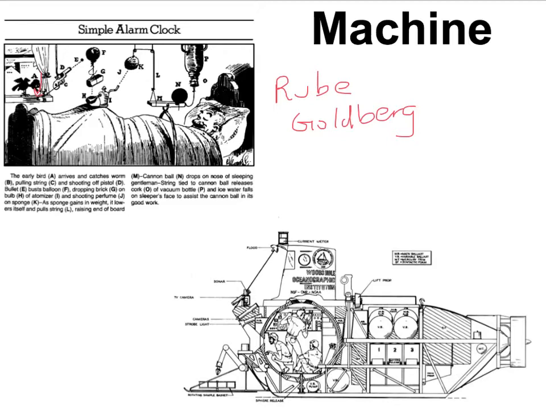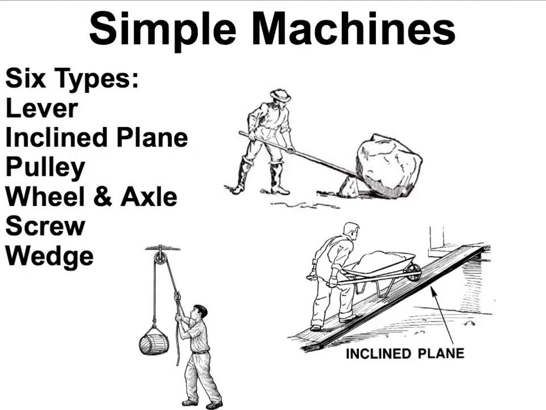Instead, we're going to be talking about simple machines. And there are 6 types. The 6 types of simple machines are levers, inclined planes, pulleys, wheels and axles, screws, and wedges.